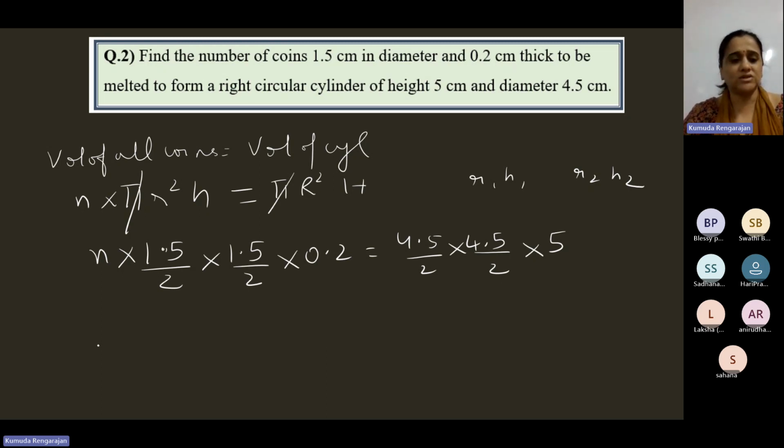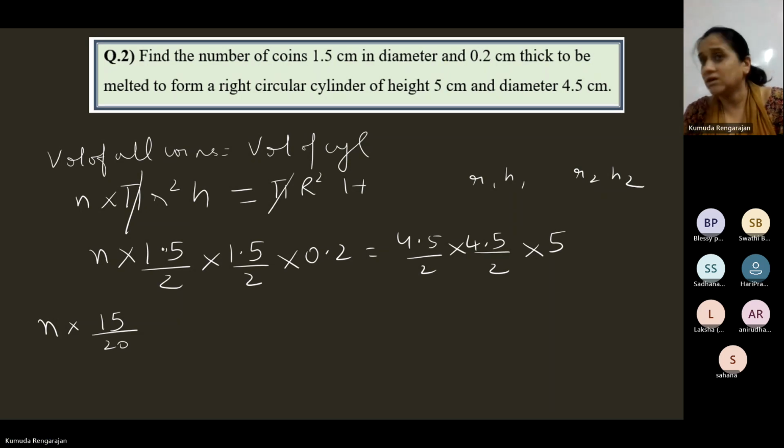Now calculation. See here, children, n into, shift the decimal: multiply the numerator and the denominator by 10. What is 1.5 into 10? 15. What is 2 into 10? 20. Shifting the decimal, moving the decimal point. You don't have to show that, just do it in your mind.